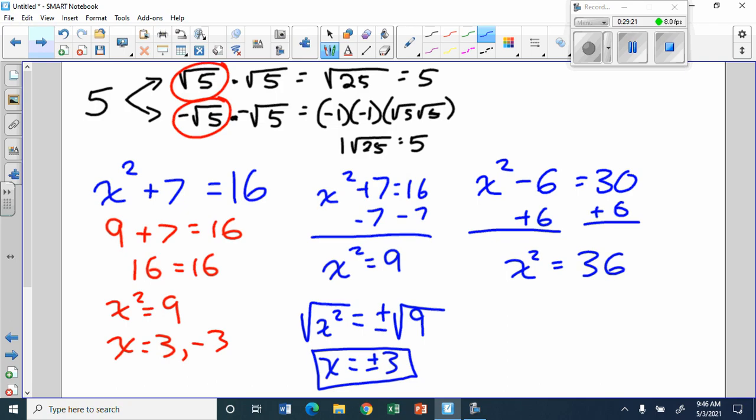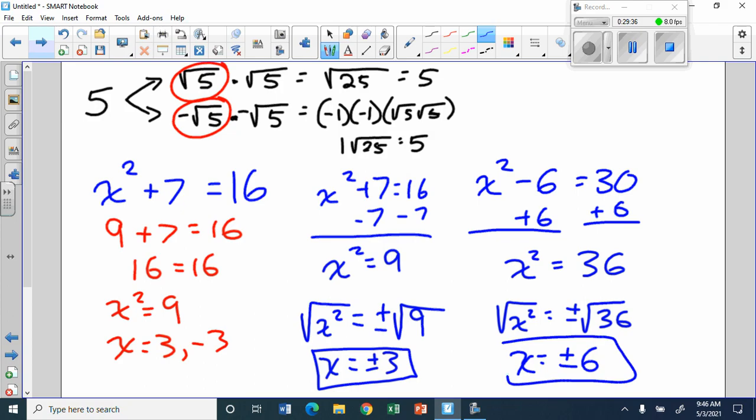I see the x squared, so my head says 2 answers. So the square root of x squared equals a positive or negative square root of 36. So x is a positive or negative 6. 2 answers, a positive 6 and a negative 6, would both make that statement true. That good? All right, and then the book also talks about cube roots.